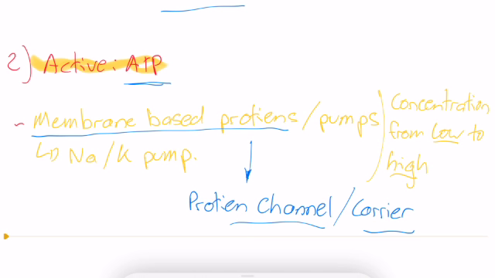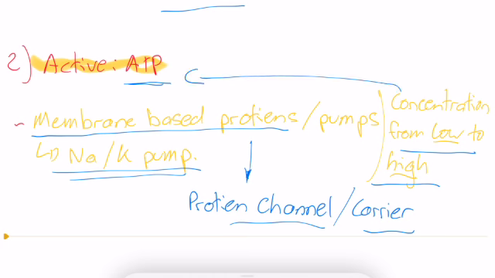A common example, which I'll talk about later, is the sodium-potassium pump as an example of active. Active transport is effectively the opposite in the sense that it goes from a low to high concentration gradient, which reflects on why ATP is required in this instance.